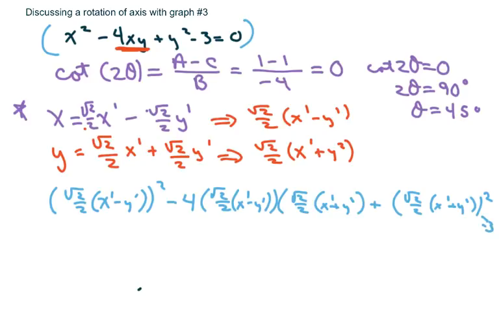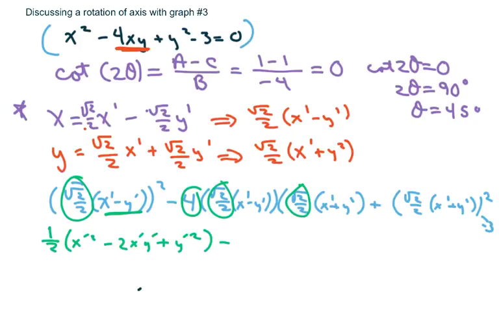Now when you simplify this, I'm going to go ahead and square this, and I'm also going to expand this. So you're going to get 1/2 times x prime squared minus 2 x prime y prime plus y prime squared, minus, when you multiply all of this together, you get 2 times x prime squared minus y prime squared.